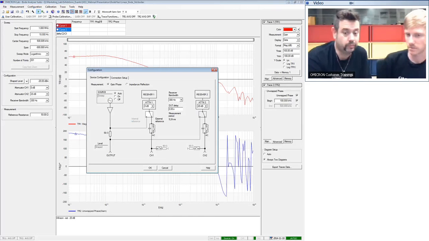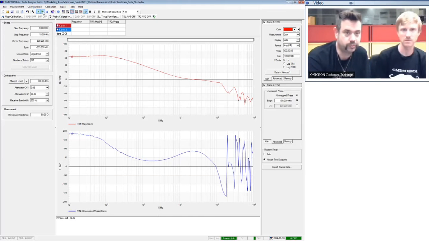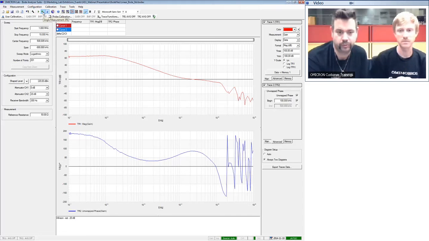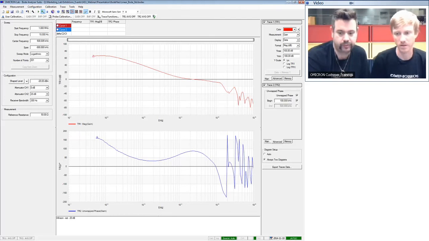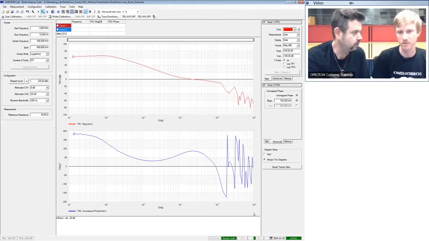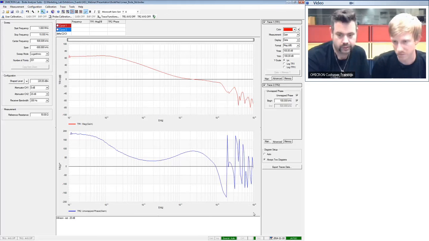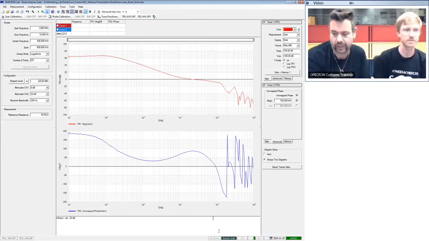We can demonstrate this if we go to single sweep. We just start the single sweep. That was already the single sweep. After the single sweep, you will see that the source will change from green to gray. Yes, it just changed. It's gray now. This means that the source is actually disabled.